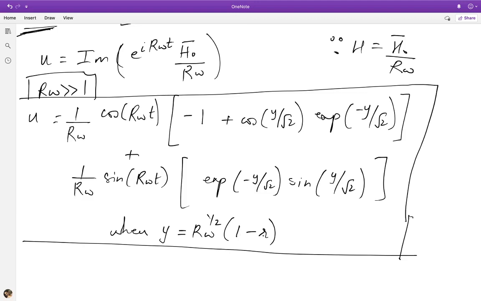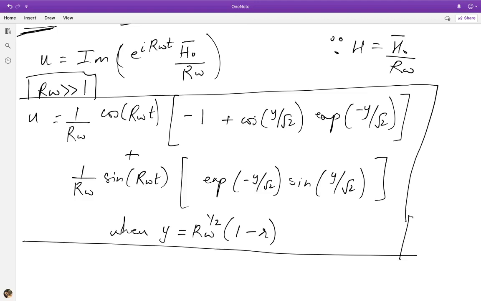What we now see is if R is close to the wall, so that 1 minus R is sufficiently small, it negates the effect of this RW to the half, so that y becomes an order 1 quantity, in which case these exponential terms and the cosine factors become important, and it modulates the core solution such that in the limit of R exactly going to 1, y will go to 0.